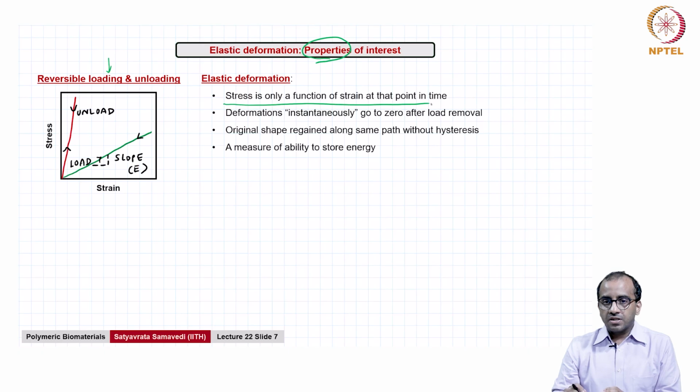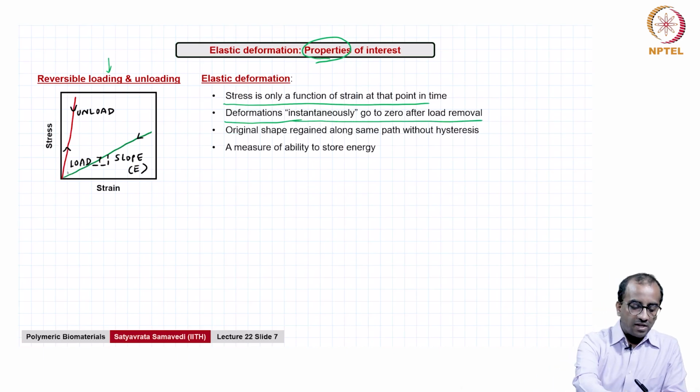In other words, the history of the material does not matter. How you got to that point, where it was in previously, are you going up or coming down, all of this does not matter, because the contention is if you know the stress, you get the strain if you are in that regime, or vice versa, right? And for purely elastic materials, these deformations will instantaneously go to 0 after the load is removed.